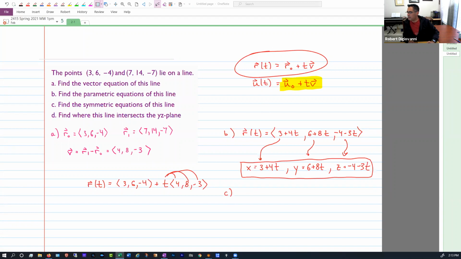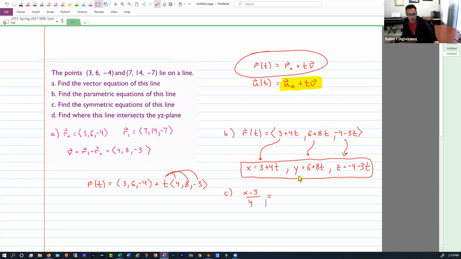Jorge, how do I get the symmetrics? You solve for t and then set them all equal to each other. So what would you get if you solved this one for t? X minus 3 over 4. Does everyone agree that's what would happen if you solve that for t? Now we're going to set that equal to this one solved for t.